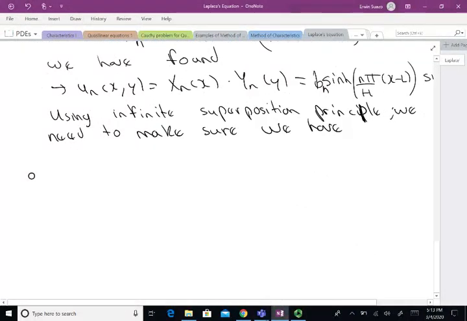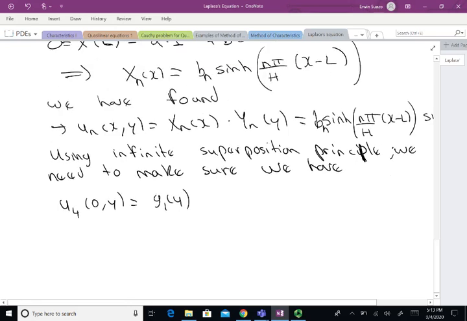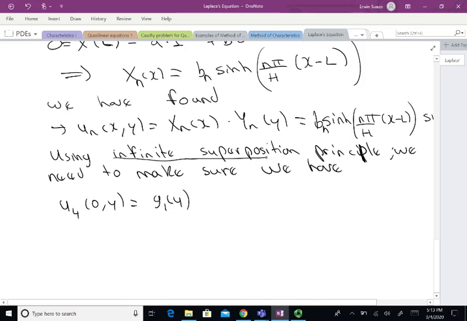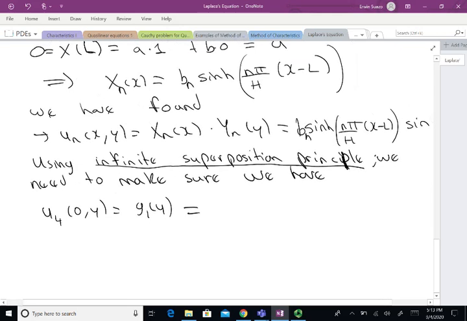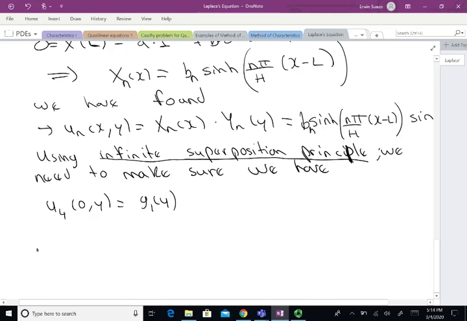We want to make sure we have u(0,y) equals g1 of y, right? So that's why we take the infinite superposition principle. We're making the sum, we're forcing it basically.